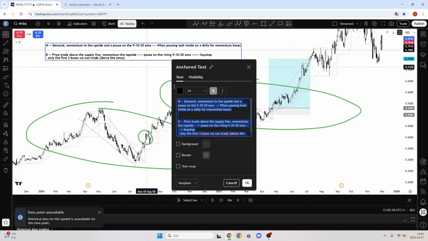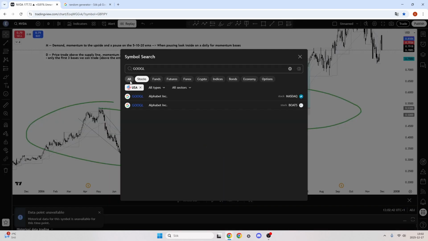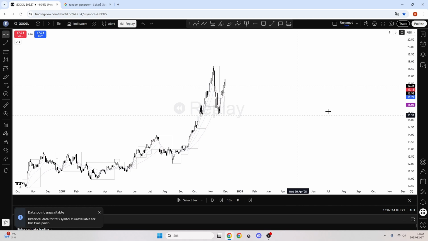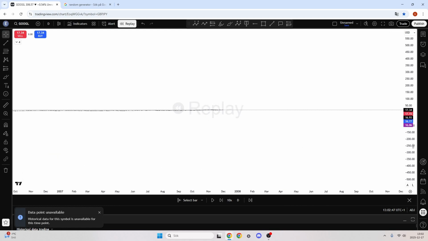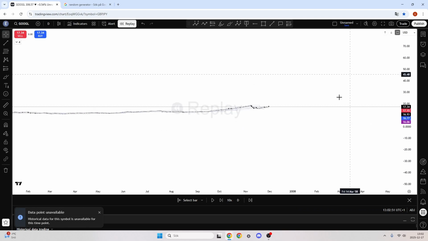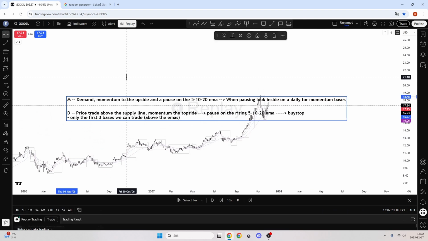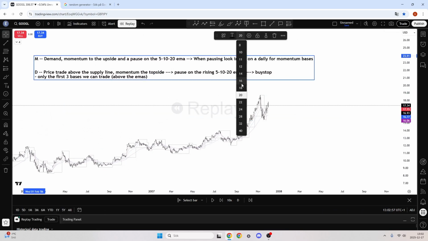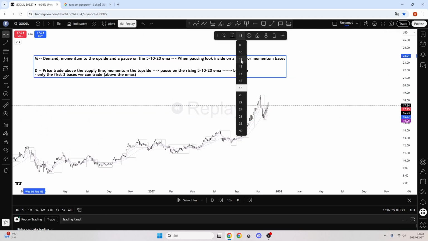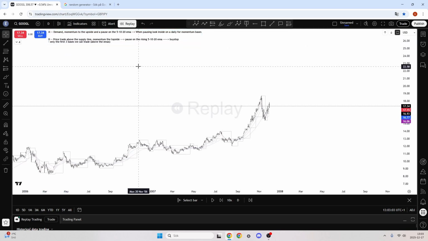Let's also copy this, just like this. And let's throw in the rules. Let's make it much smaller, just like this, so it's not in our way.